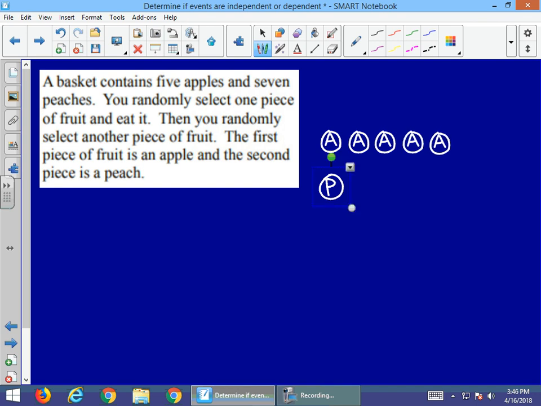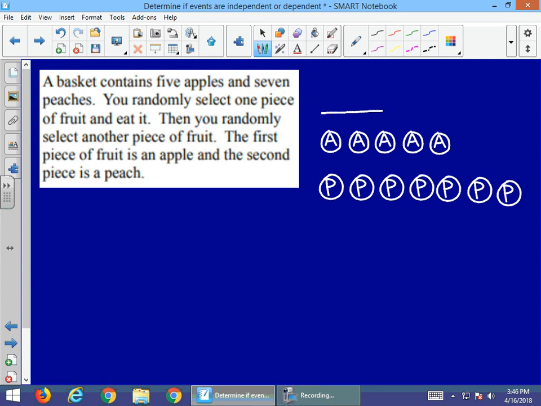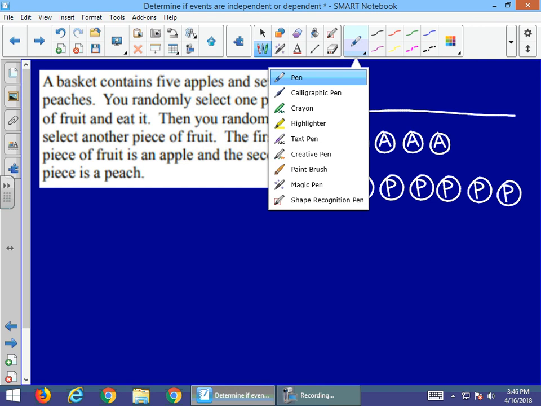There's 5 apples. And peaches, 1, 2, 3. Maybe we need 7 of them. 4, 5, 6, 7. Okay, so it says I randomly select one piece of fruit and eat it.